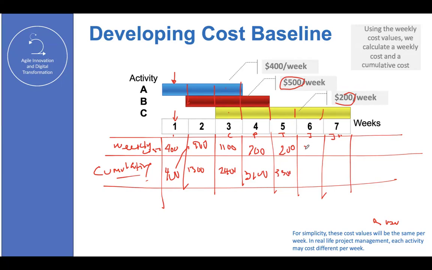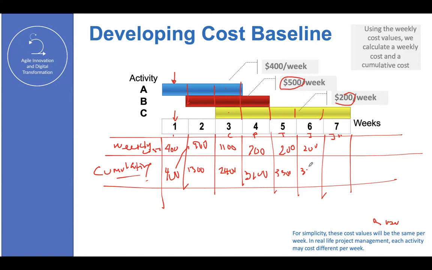An additional 200. Yes, and cumulative, it's 33 plus 2, so 35. Yes, it's 35.